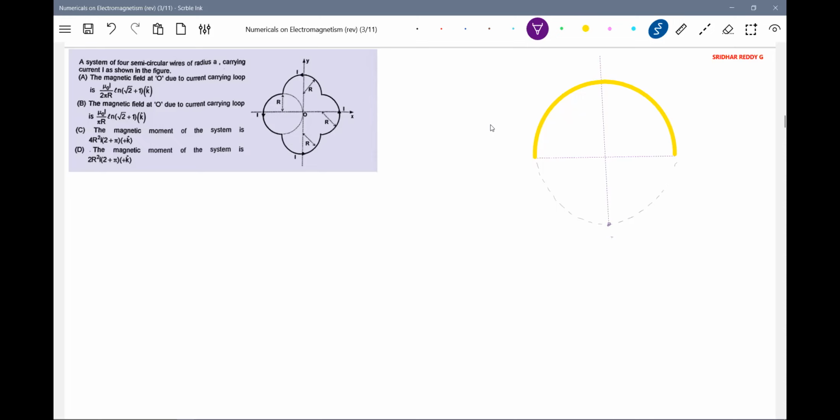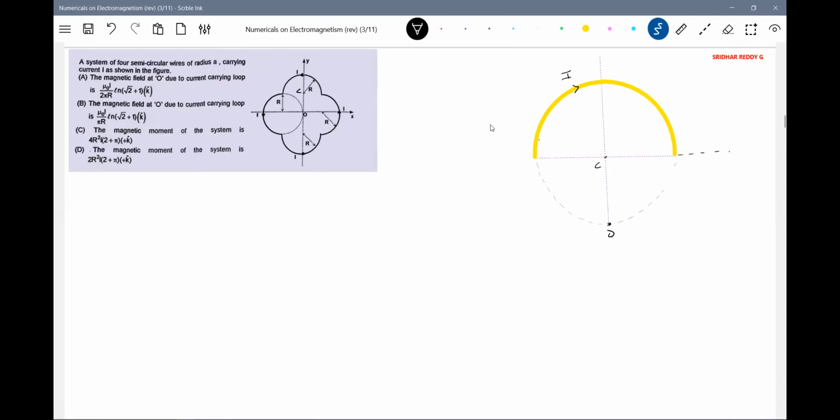I'll call it O. And here a current I is flowing. Any direction you can pick; let me pick this. Later in the answer, we'll change it. And this is the center of the circle, I'll write C.